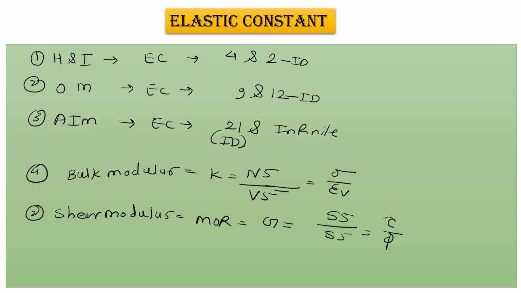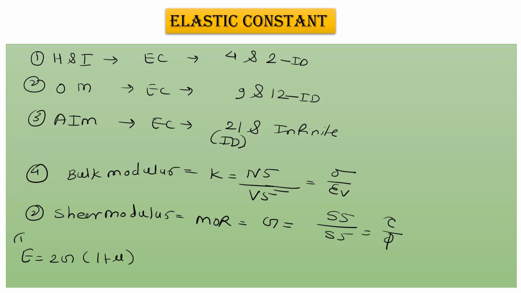Then next, these are the different formulas related to Young's modulus, shear modulus, bulk modulus and Poisson's ratio. Using all four elastic constants, there are a few very important formulas. The first is E equals 2G times (1 plus mu). Here we relate Young's modulus, shear modulus and Poisson's ratio.